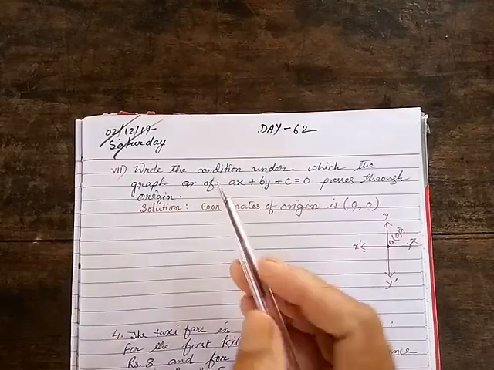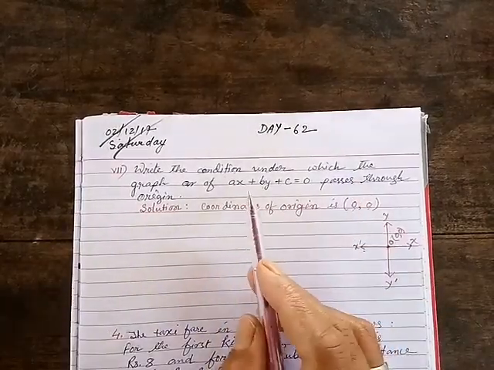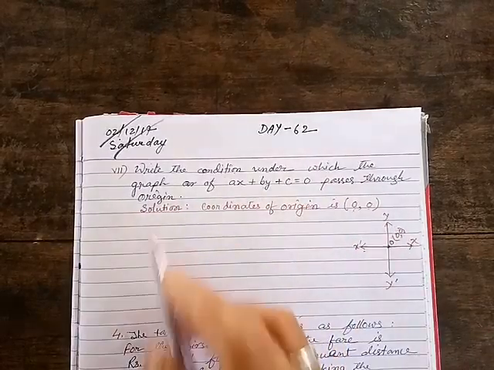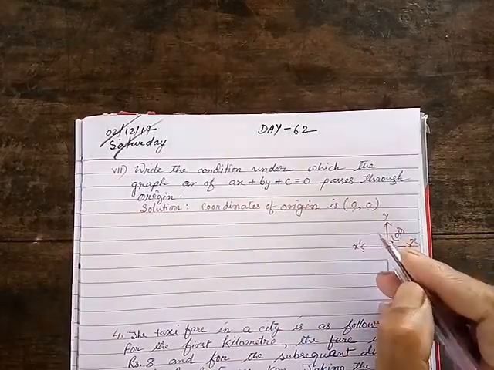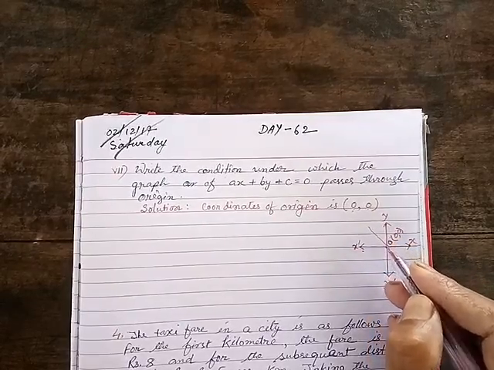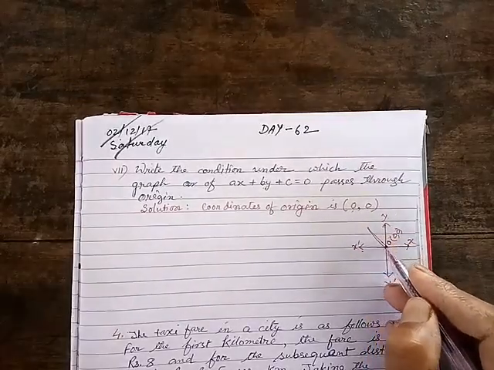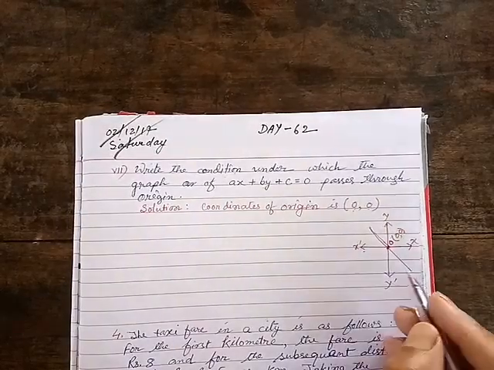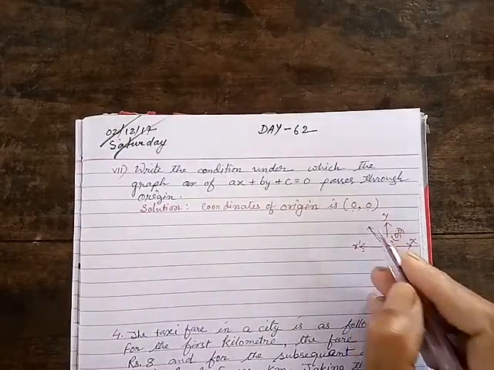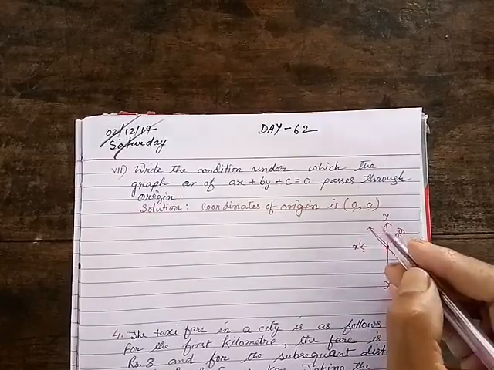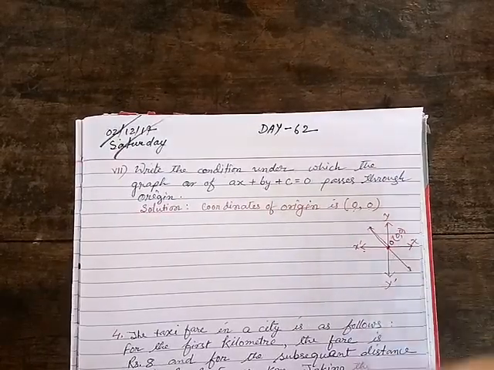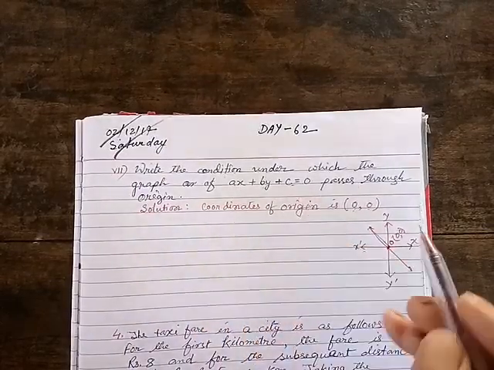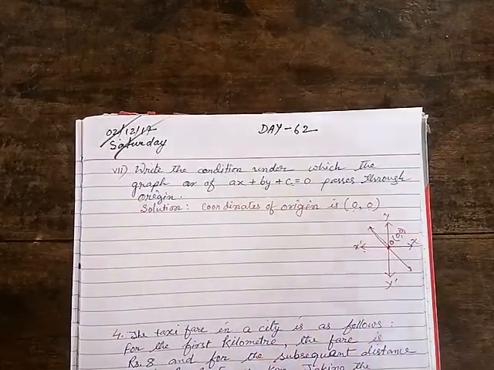Now the question is, under what condition does the graph of this equation pass through the origin? So many graphs are there, just like this. I am giving you an example. This is a graph that passes through the origin. So many graphs can pass through this origin.